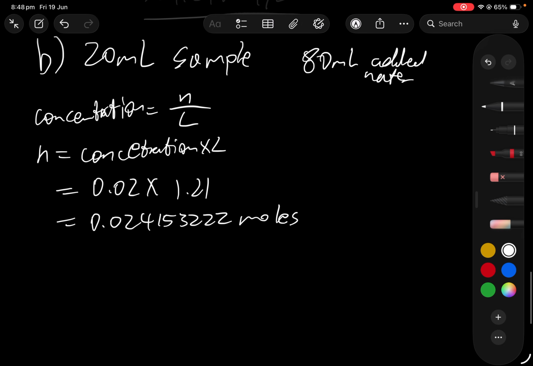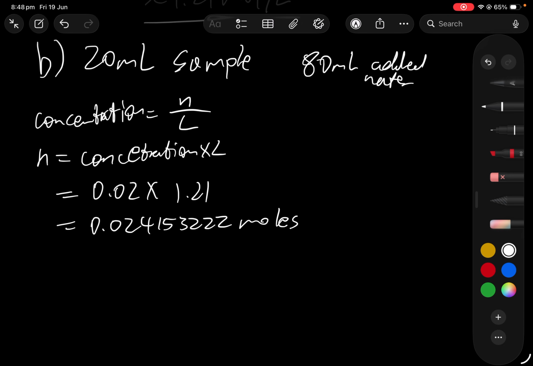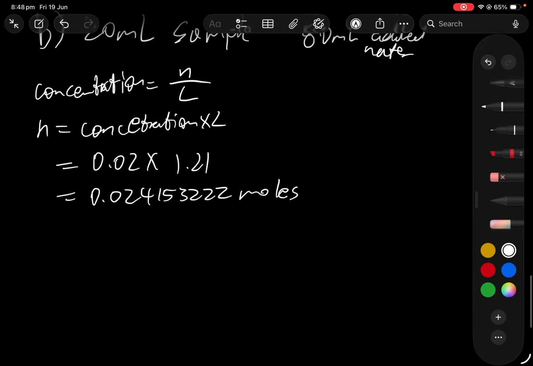And then we can divide this by the final volume, which would not be 80 milliliters, but 80 plus 20 milliliters.